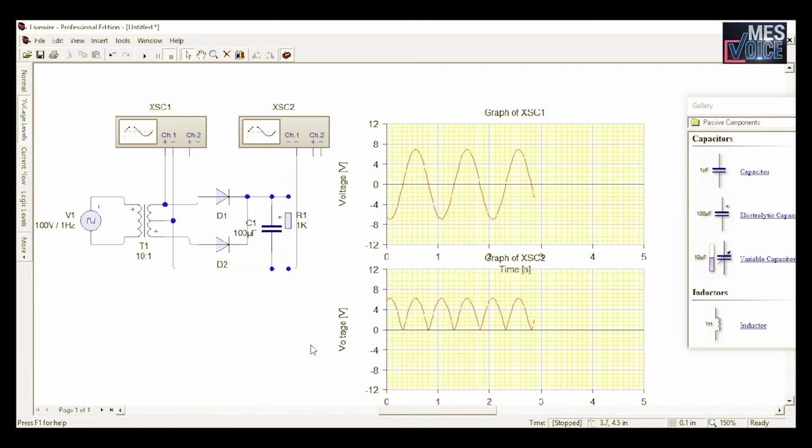And making the connections. Let's see what will happen at the output. Going for the simulation.